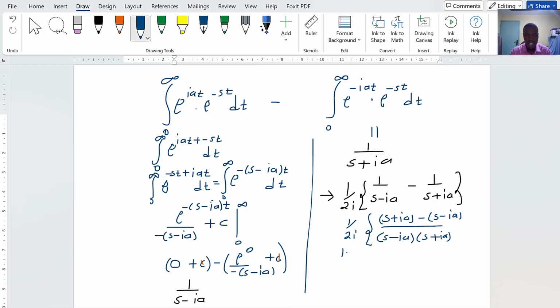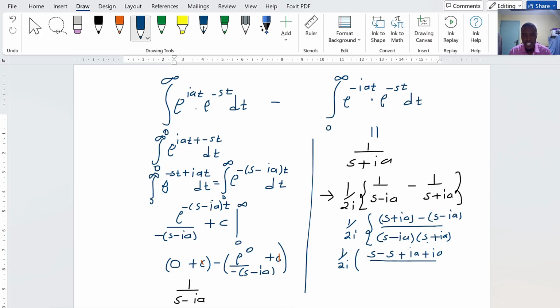So we'll now have 1 over 2i into, we can collect the like terms. So we'll have s minus s, and then plus ia plus ia. This is ia negative, negative, positive.